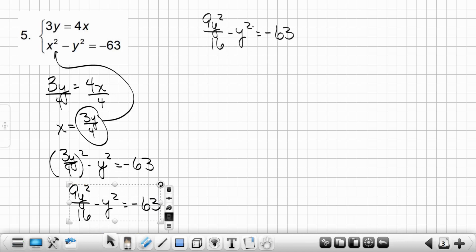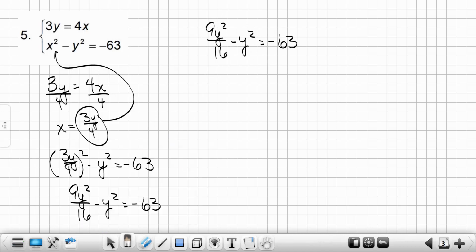Let's pull a trick on this one because we want to solve for y. The last thing I want to do is get a common denominator. It makes too much work. Multiply both sides by 16 so there are no fractions.